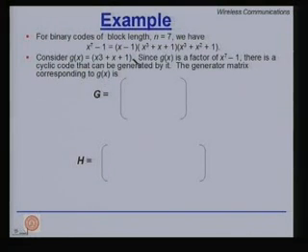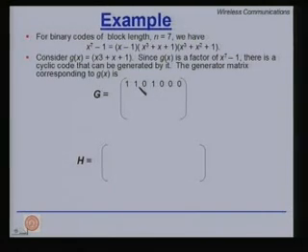Now, having found a generator polynomial, which in our case here is x cubed plus x plus 1, I can simply write the generator matrix by using the coefficients 1, 1, 0, 1. These are the coefficients, because the coefficient of x squared is 0 here, which is reflected here.